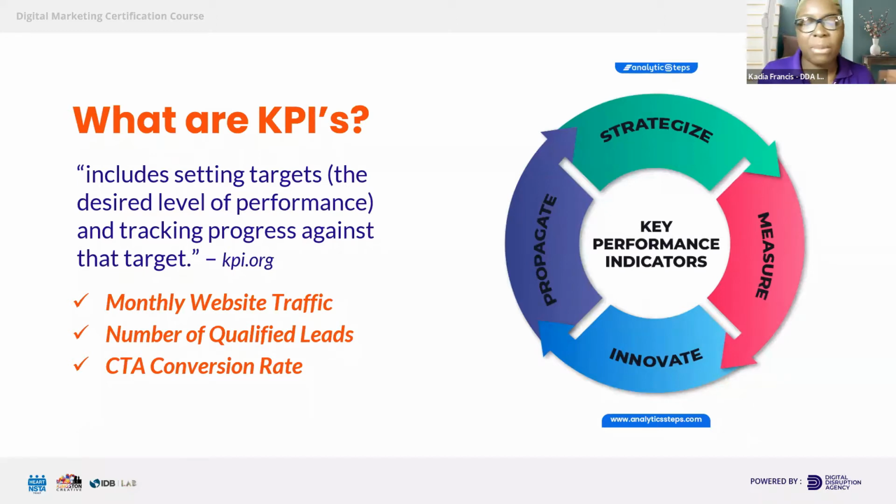In digital marketing there are a lot of depends. If this, then that. If not this, then this. Because of all of those variables, it is very difficult to give definitives like that. But what you can do is set targets.